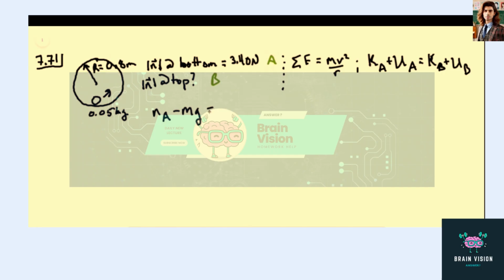And this has to be equal to our centripetal acceleration, or force. This part is the acceleration, and then multiplying it by the mass makes it the force. So the speed at A is 6.82 meters per second.